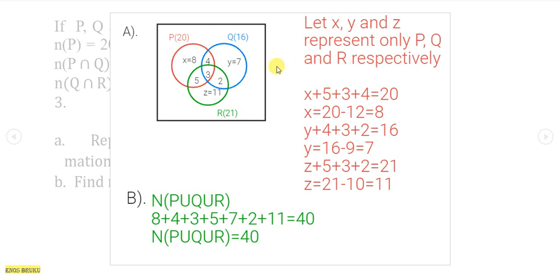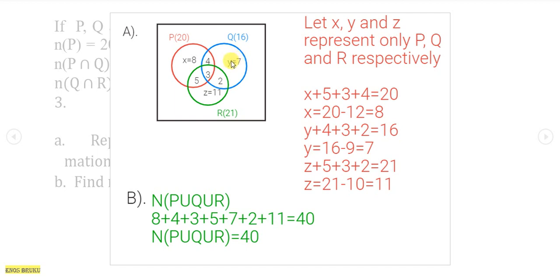Okay, so our P only, which is this space, is called P only because the value that you will find here will have nothing to do with Q nor R. The circle of Q passes here, the circle of R passes here, so the value here has nothing to do with Q and R. That is why we call it the P only.